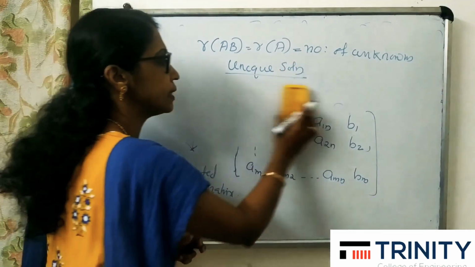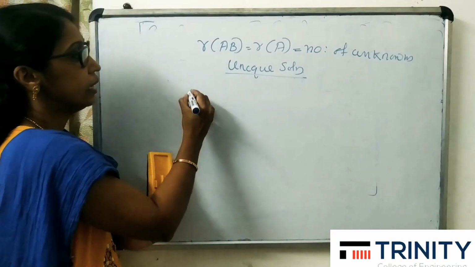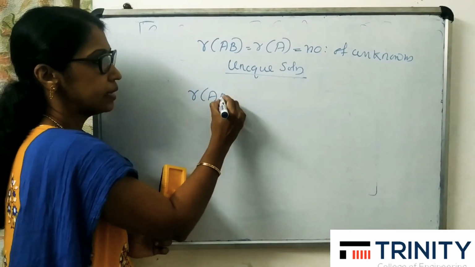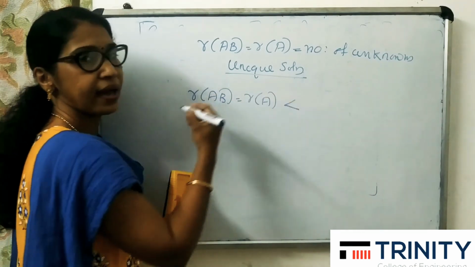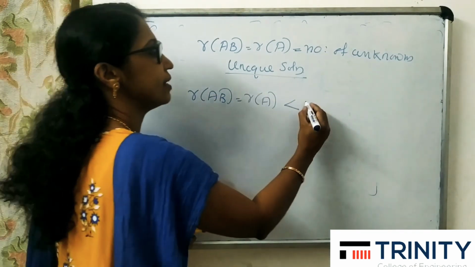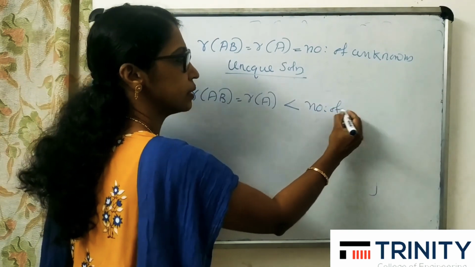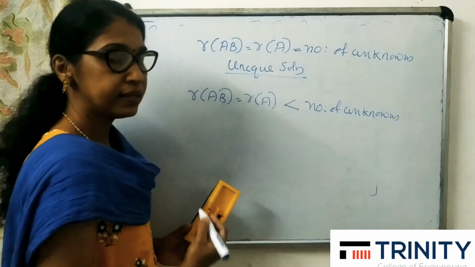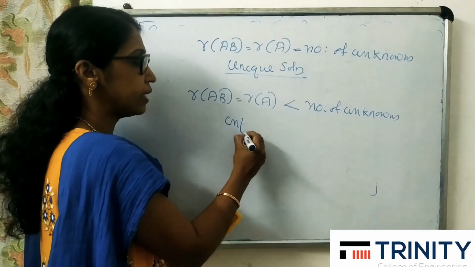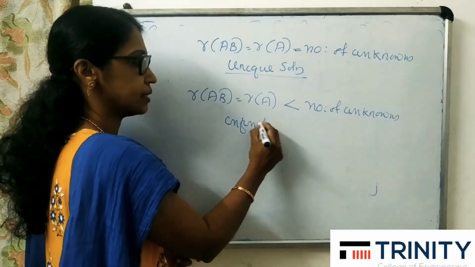Now the second case: if the rank of AB is equal to the rank of A and this is less than the number of unknowns, then the system will have an infinite number of solutions.